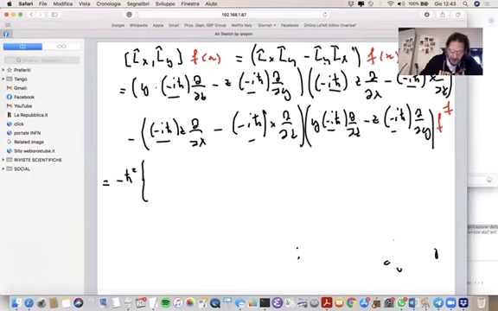And then I'm going to leave the first term there, y dz negative z dy. That's the first term. And let me act on the second term. So that's going to be times, I have two terms here.